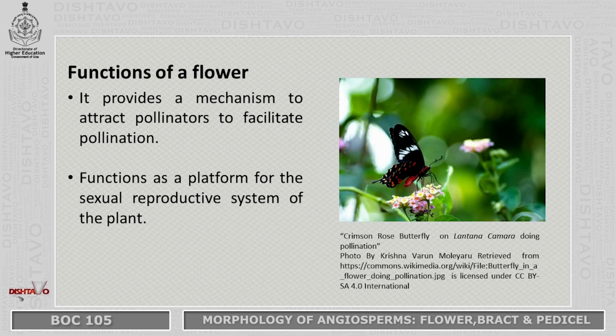Coming to the functions of flower, flower provides a mechanism to attract pollinators to facilitate pollination, and this is achieved by its colorful showy corolla along with sometimes a petaloid calyx. Another function is that it functions as a platform for the sexual reproductive system of the plant.